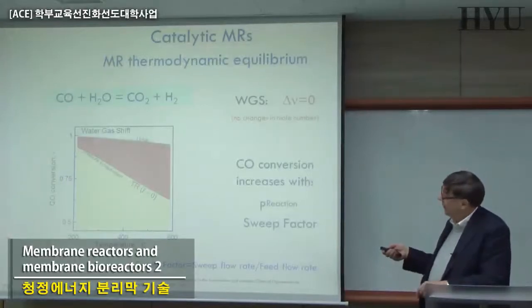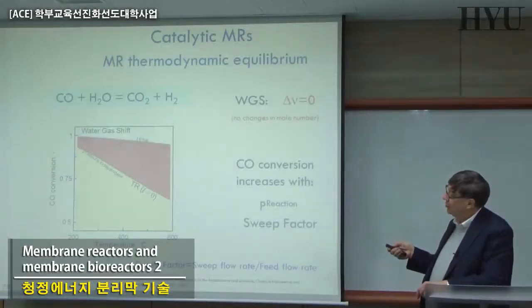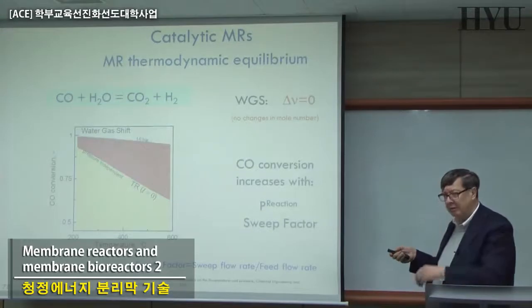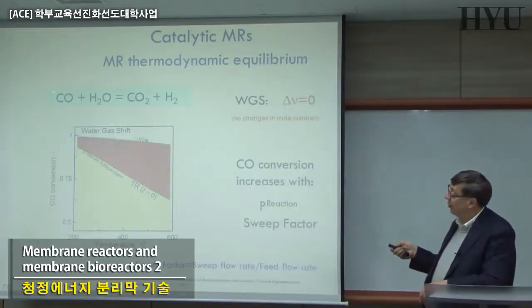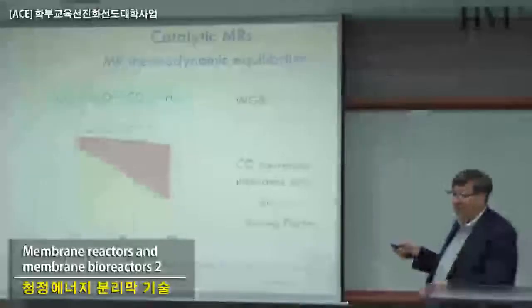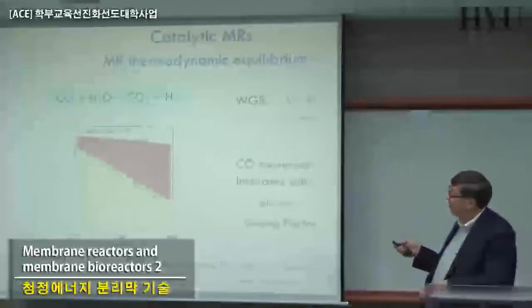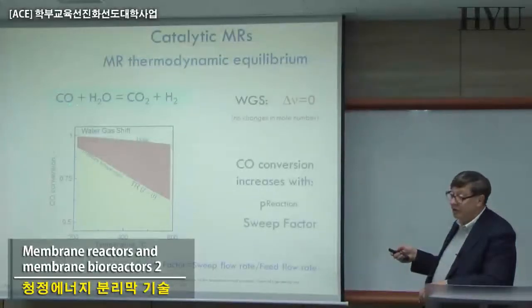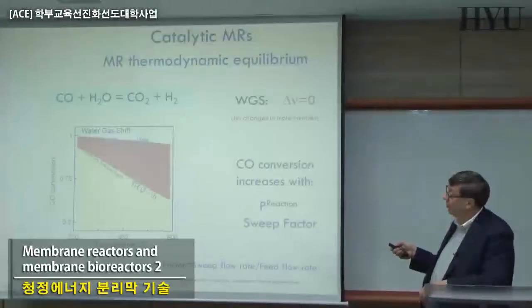For example, look at this reaction, a typical one that we are discussing, where CO goes to what is called the water-gas shift. The water-gas shift reaction is quite important because it is the reaction in which CO reacts with water, forming CO2 and hydrogen.